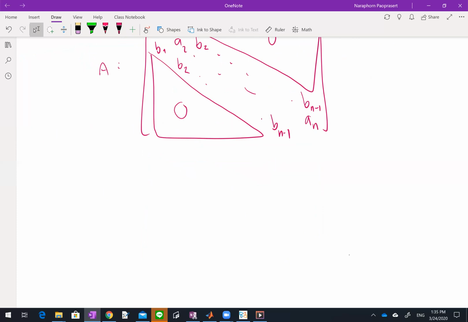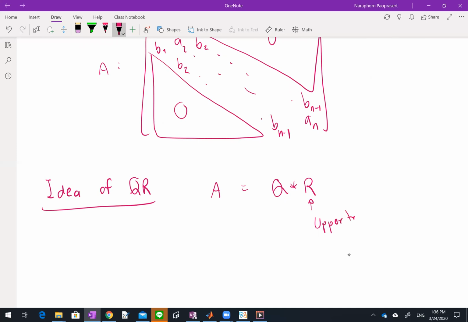And then the idea of the QR is that we want to split A into Q times R. In this case, the R is actually an upper triangular matrix, and Q is an orthogonal matrix.